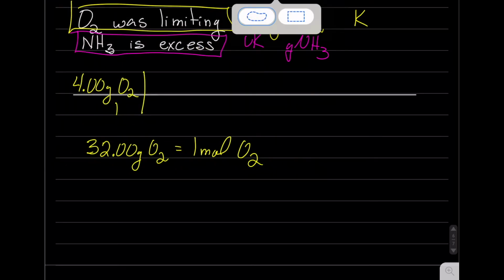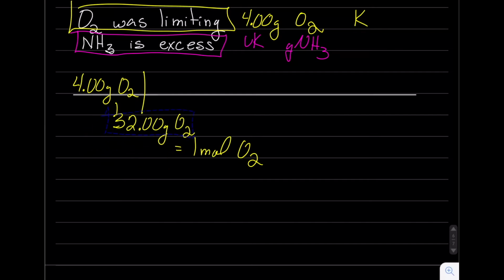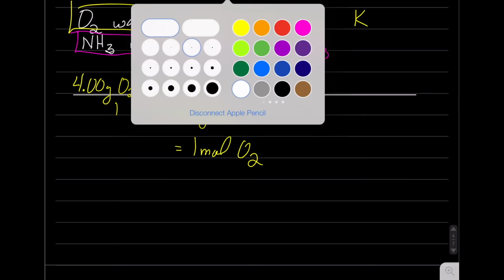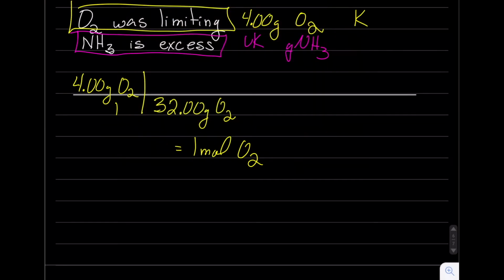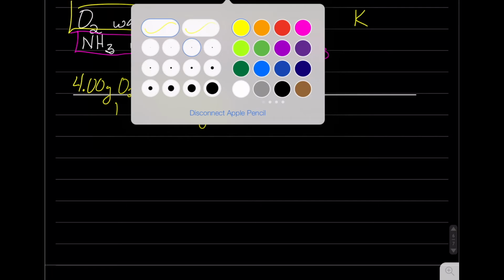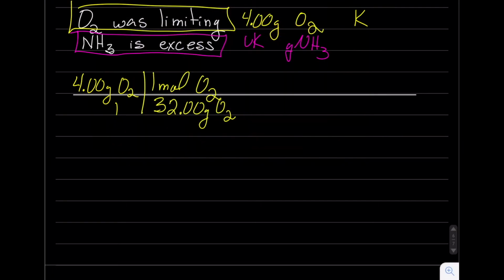All right, so we're going to put grams O2 on the bottom so we can cross out the grams O2 here. So mole O2 goes at the top. All right, now we cross out our units.